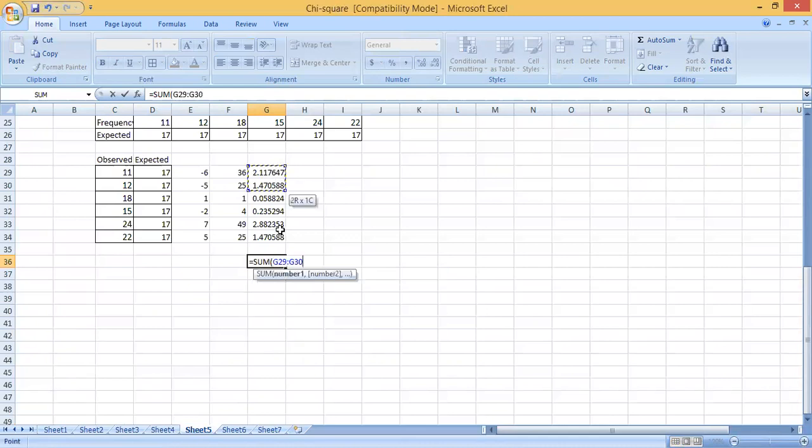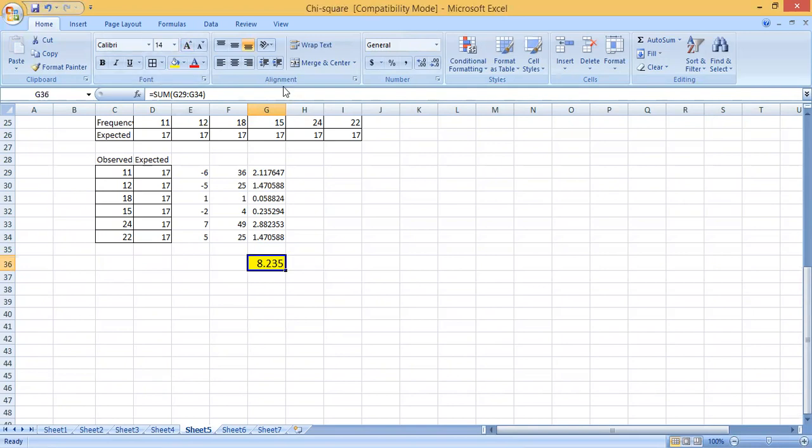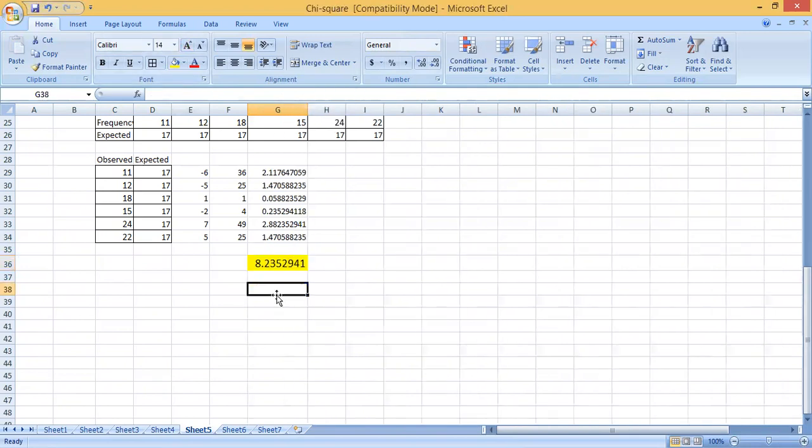Enter. 8.2352, okay, so 8.23, 8.23, 8.235294 is the test statistic. This is the test statistic.